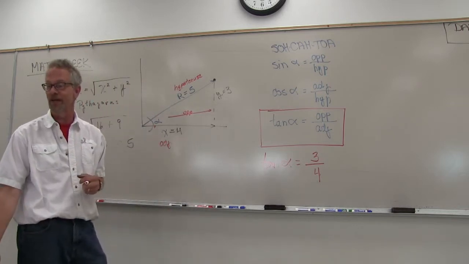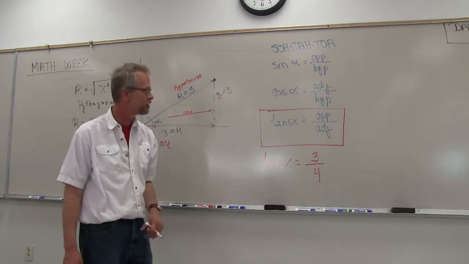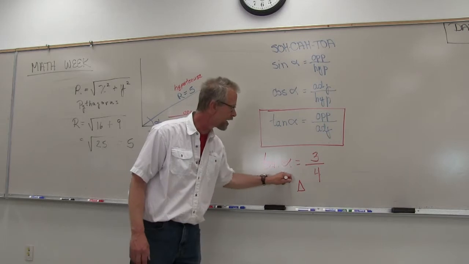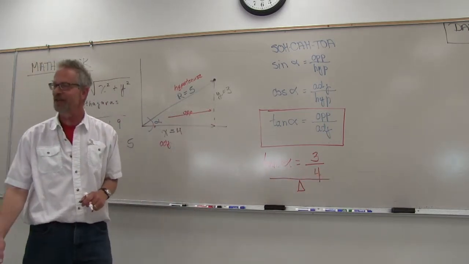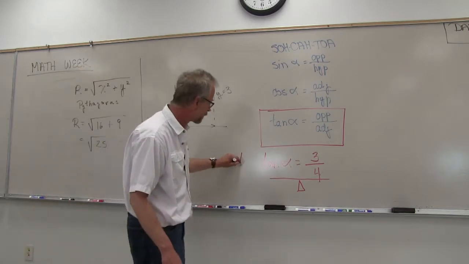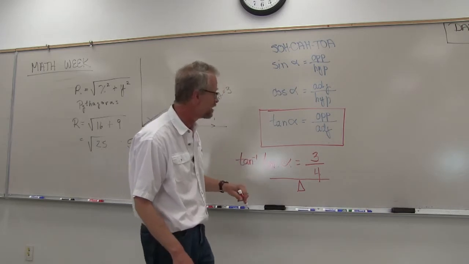Now if you remember what we did last quarter, and since the beginning of time, we've always used the equal sign as a fulcrum and said that anything I do to one side, I have to do to the other in order to preserve the equality. Remember that discussion? So what we're going to do is take the inverse tangent of both sides.